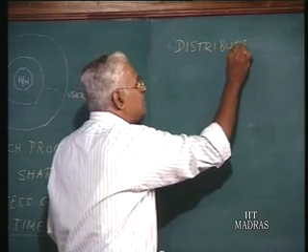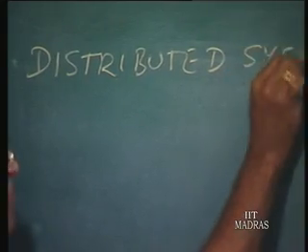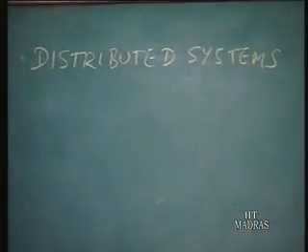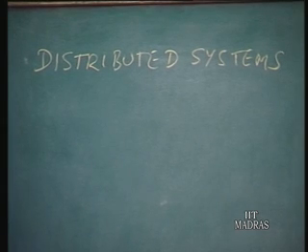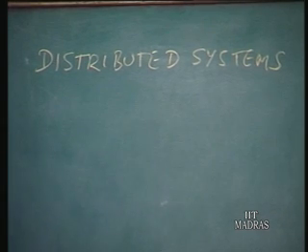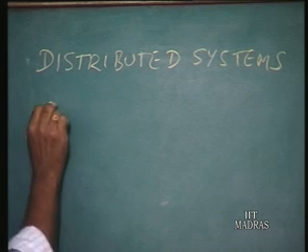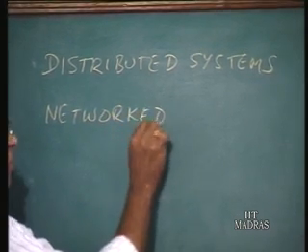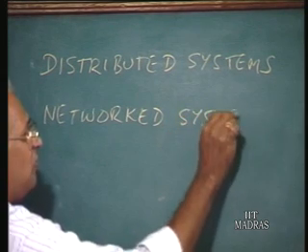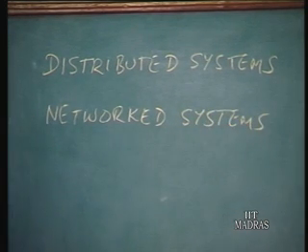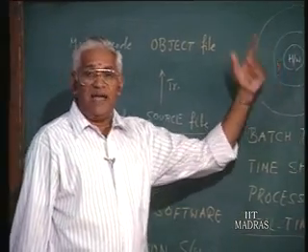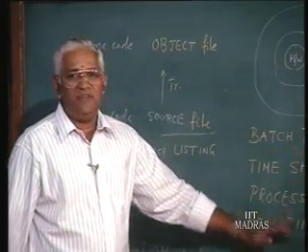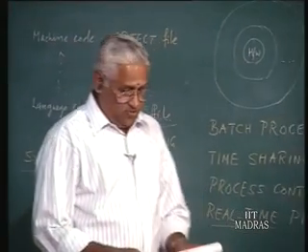That has come about mainly because of desktop computers, and the process can be distributed. Then we talk about network systems, and so of late we have to talk about an operating system for the network, called a network operating system, or network OS. So, depending on the configuration of the system and the application, you will have different types of operating systems. Good.